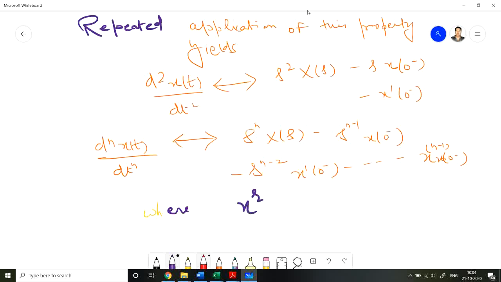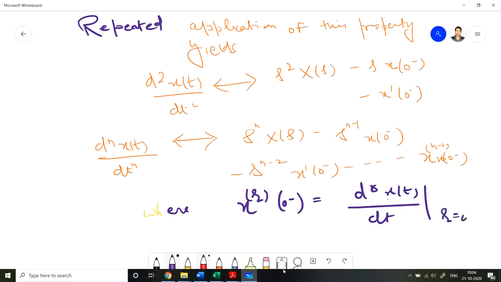In general, x^(r)(0-), the rth derivative at 0-, is equal to d^r x(t) by dt^r at t equals 0-.